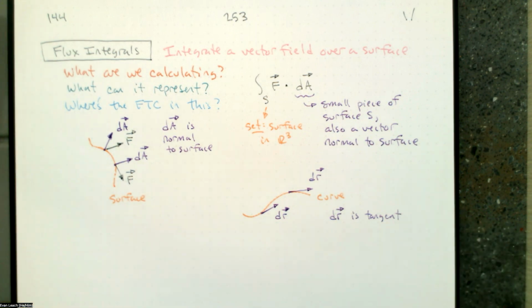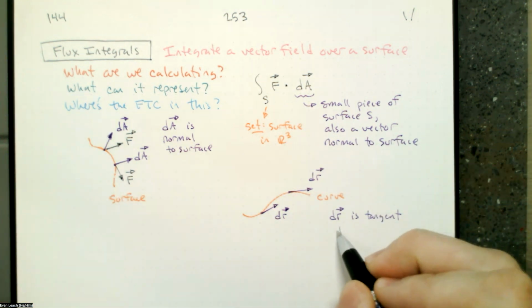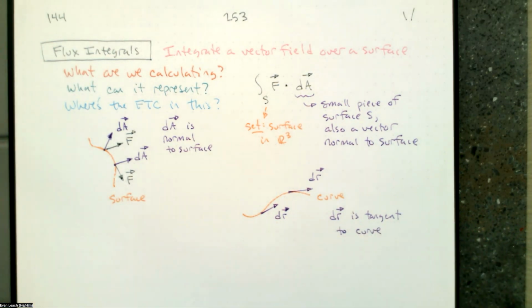As we break the surface up into more small patches, the size of dA, the magnitude of dA, will shrink. So the magnitude of the dA normal vector will be an indication of the size of the piece of the surface we're describing with that vector.